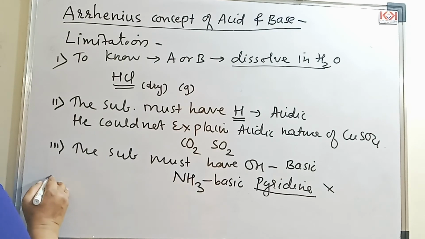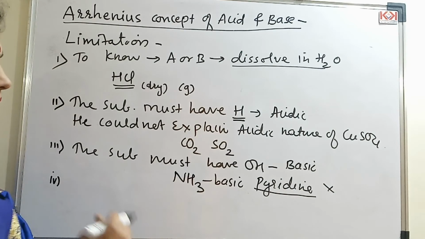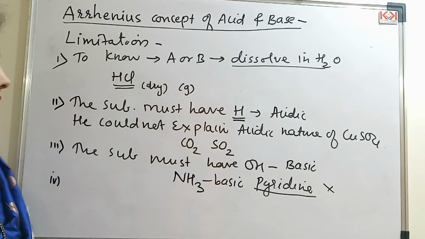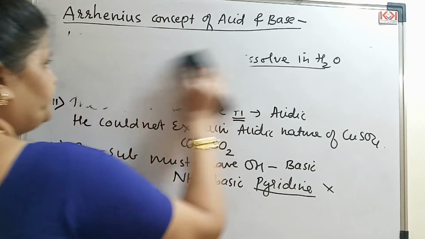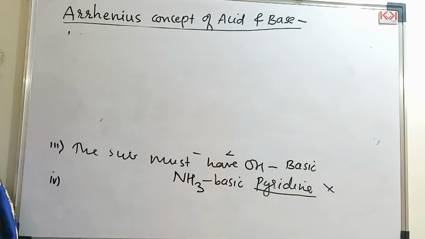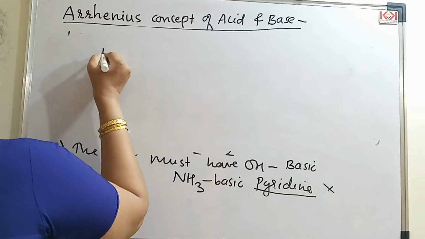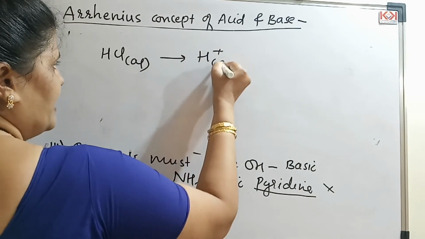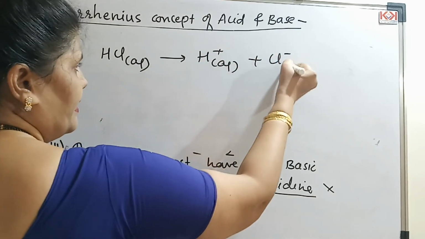Let us see the last limitation, which is very, very important, that whenever we say that a substance is dissolved in water, what happens to that, student? So let me just clean this. Fourth limitation is very, very important, and you have studied that in 10th standard. Say for example, I am adding HCl in water. What it gives me is H plus aqueous and Cl minus aqueous.